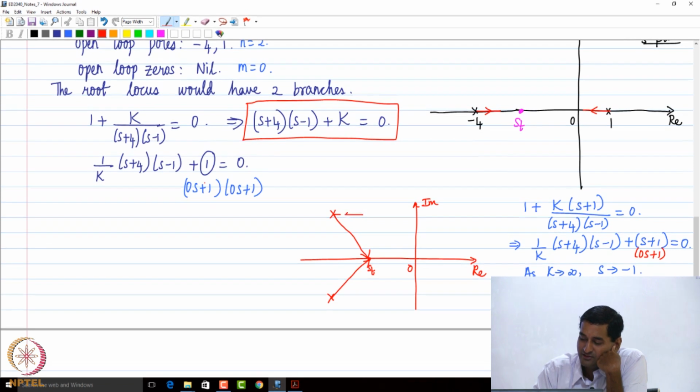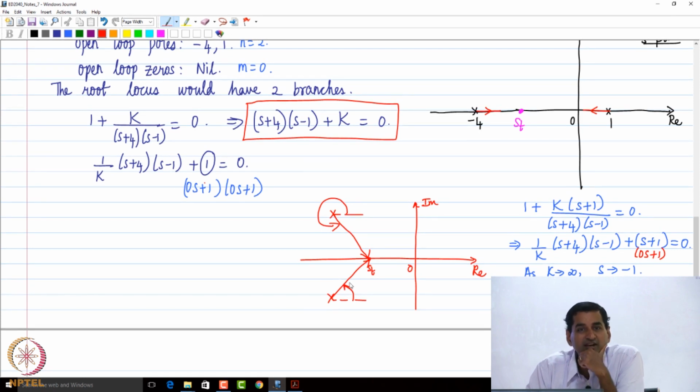What is the angle contribution from this test point? It is this, right? What is the angle contribution from this test point? It is this. So, what do you think will be the sum of the angle contribution of these two vectors? Depending on how you look at it, either they will cancel off, or it will become either 0 degrees or plus or minus 360 degrees, right.